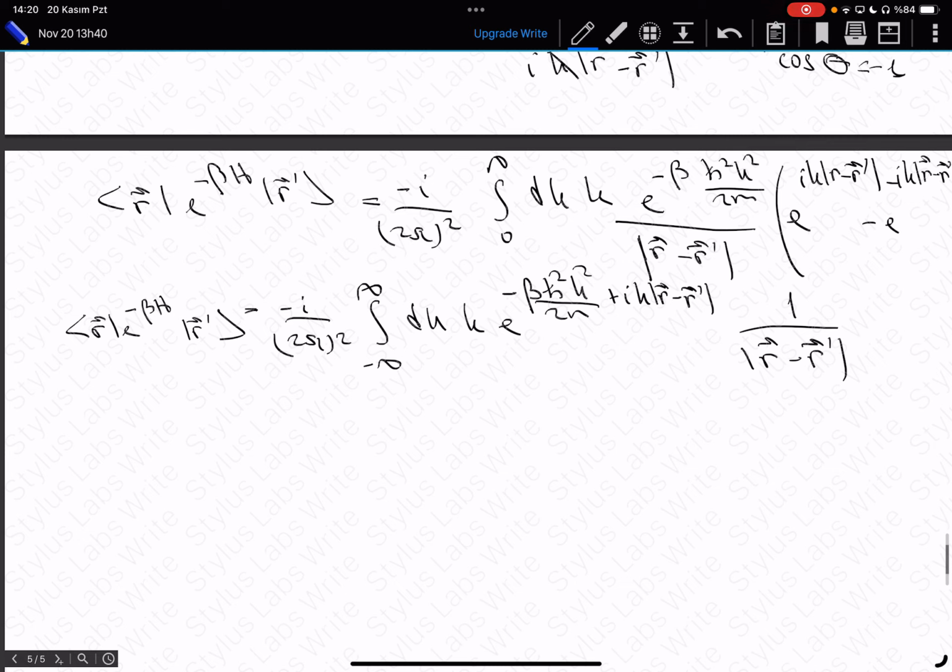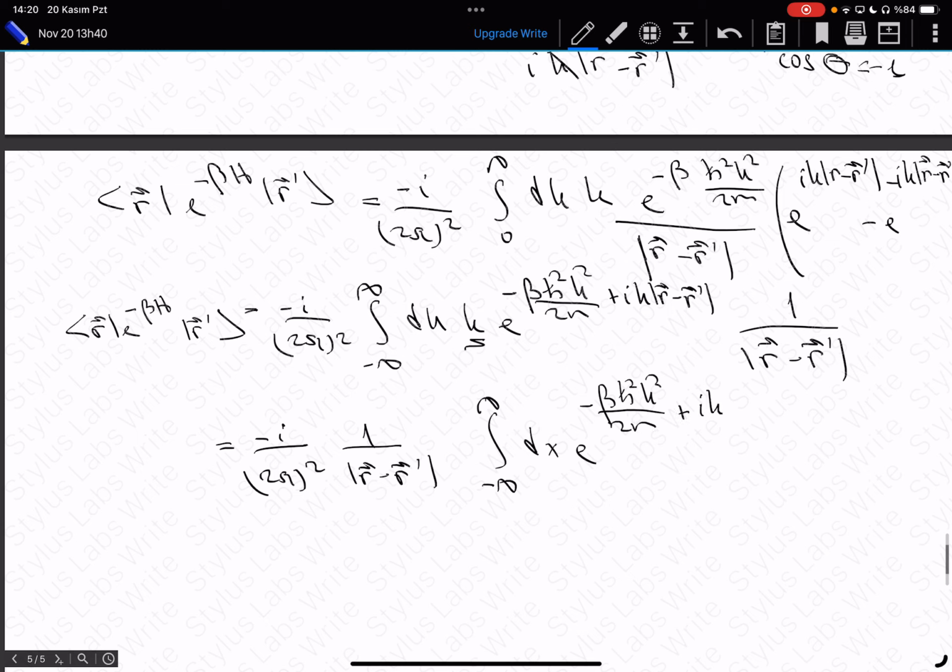Well, let's just carry it out. This is minus i over 2 pi squared, 1 over r minus r prime. Well, I don't want this k, so let me first get rid of that one. Or 2m plus ik times alpha. I need to take the derivative with respect to alpha. That brings an ik.